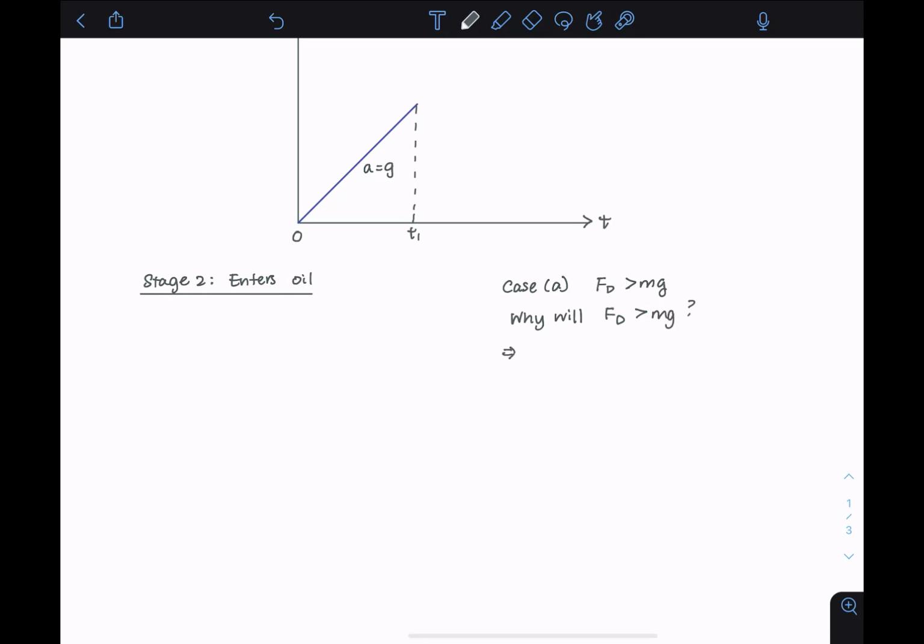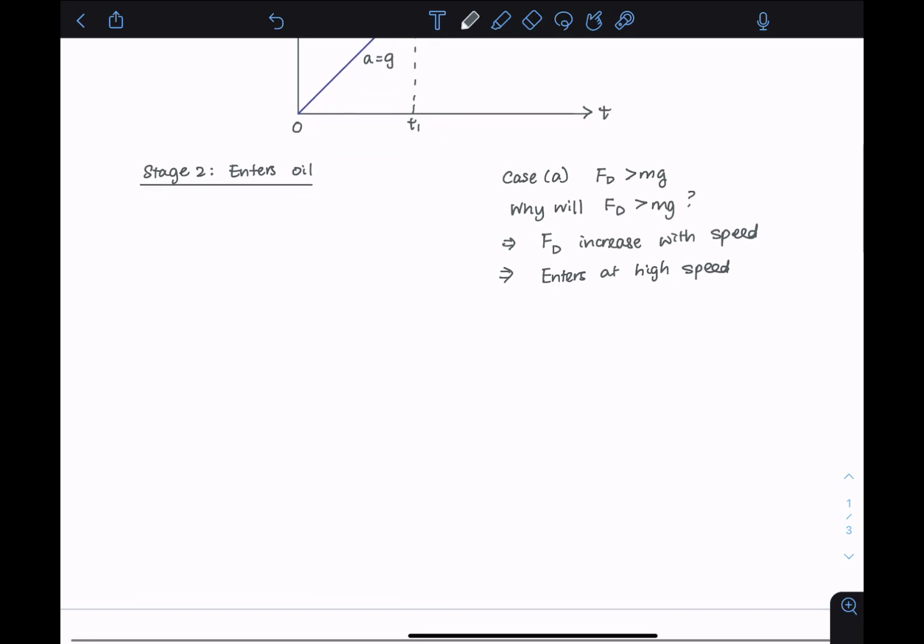We know that earlier on from our lecture notes, the drag force increases with speed. Be it turbulent flow or laminar flow, it's going to increase with speed. For it to be much greater than g, we can conclude that it enters at high speed.